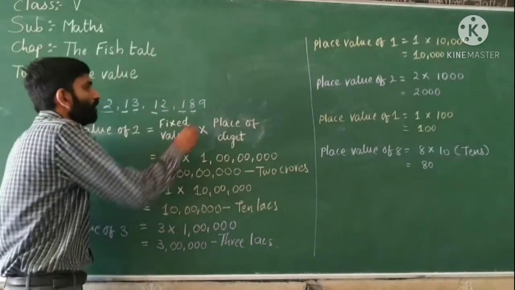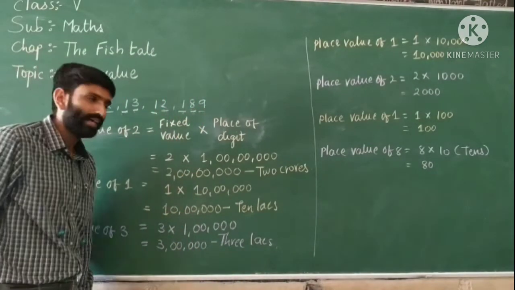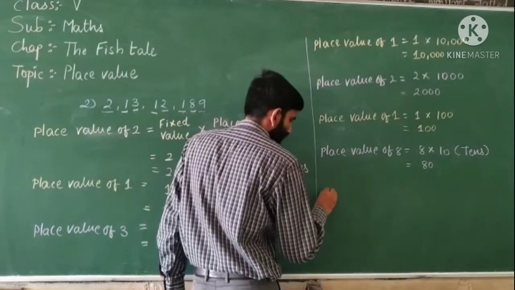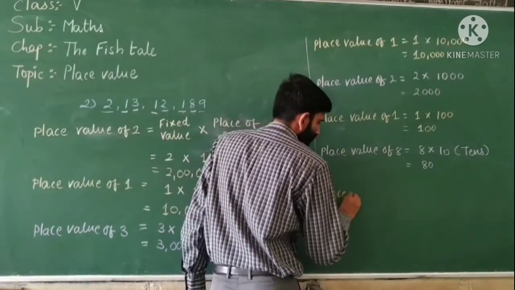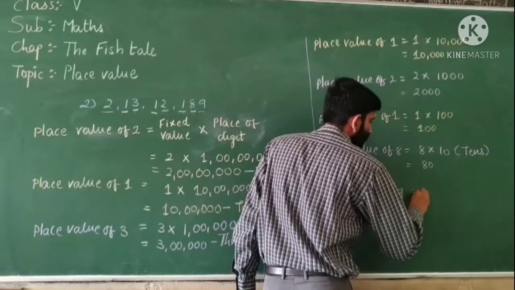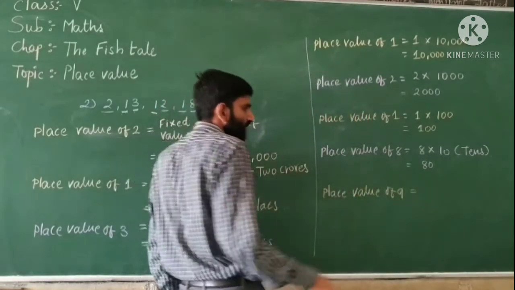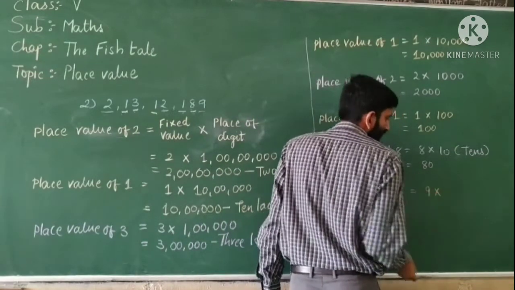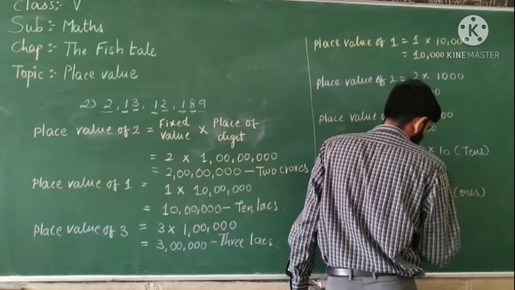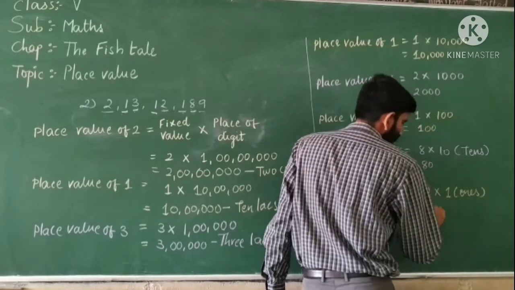Simple. Okay. Now we'll find out the place value of the last digit in the number. That is the place value of 9. The fixed value of 9 is 9 and the place is ones, that is 1. So 9 ones are 9.